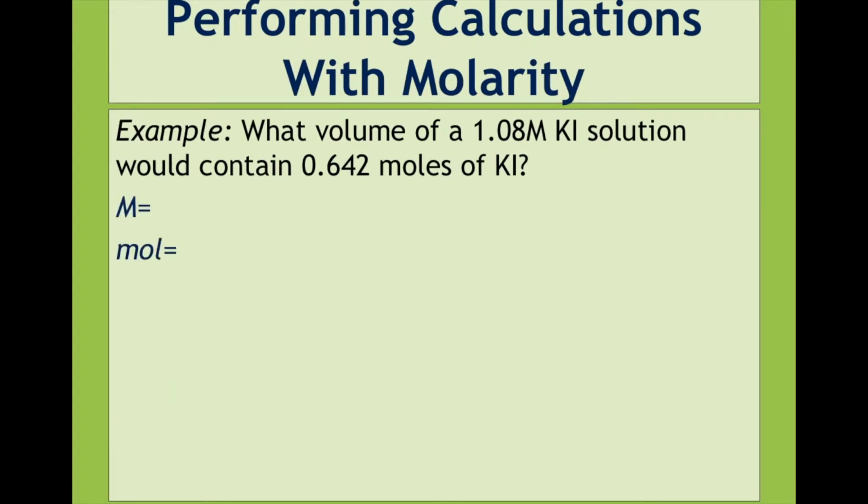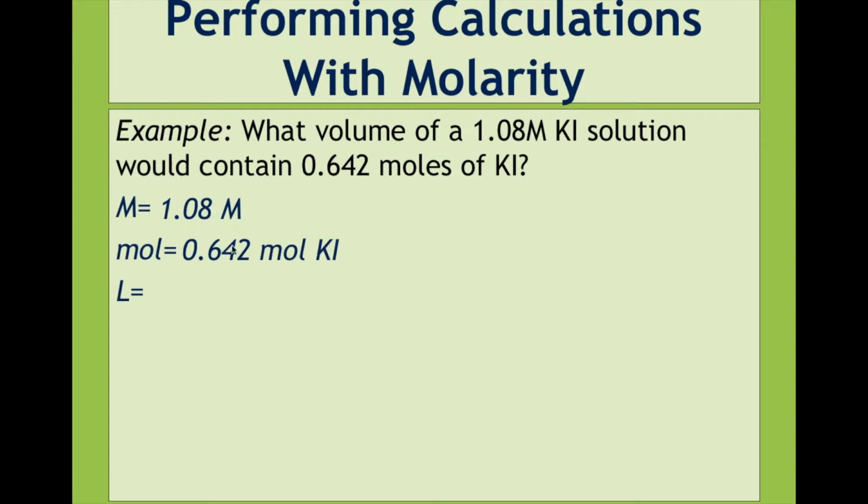All right, so here's a little more of a complicated, I wouldn't say complicated, but it's not simple. You have to do a little bit of algebra. What volume of a 1.08 molar potassium iodide solution would contain 0.642 moles of potassium iodide?